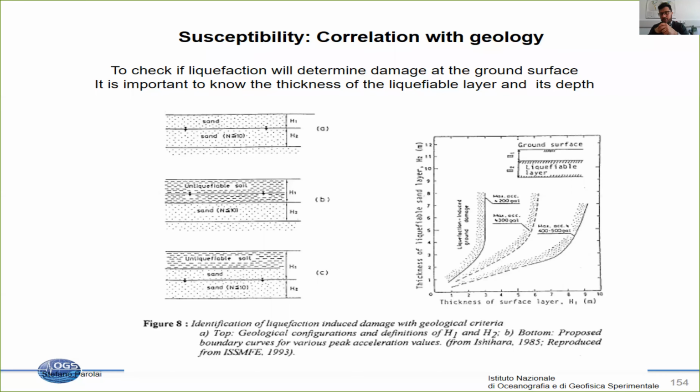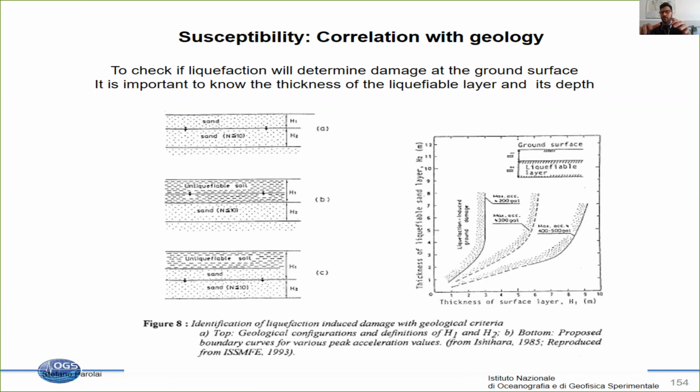Therefore, with the shaking, even if they are farther away, you have large induced liquefaction and maybe ground failure that gives you a lot of deformation. This can happen because of changes in the local geology.